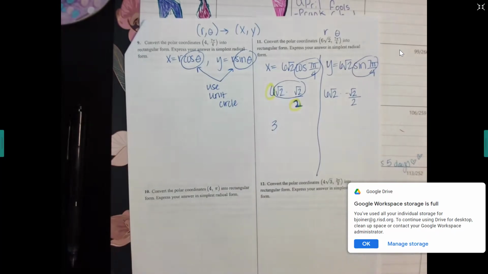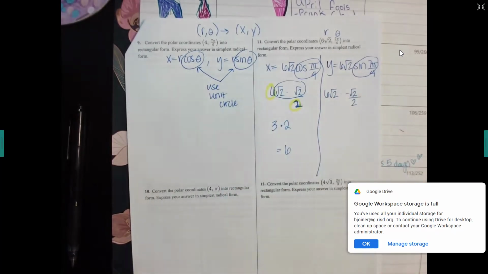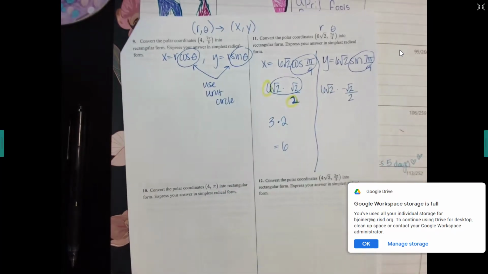Because remember, when you times the square root by itself, you just keep the number from the middle. The reason that happens, in case you forgot, is root 2 times root 2 is root 4. And then what's the square root of 4? Regular 2. So I end up with 3 times 2, which is 6. Do the same thing on the other one. I have numbers on the outside that can go together. 6 divided by 2 will give me a 3.